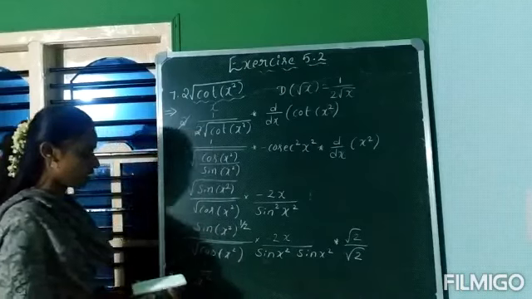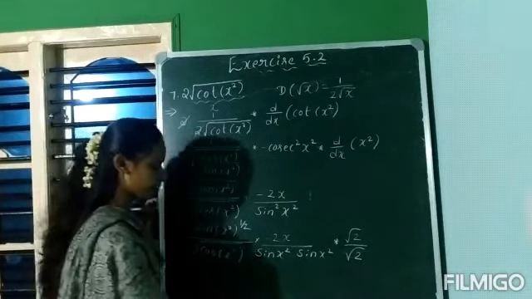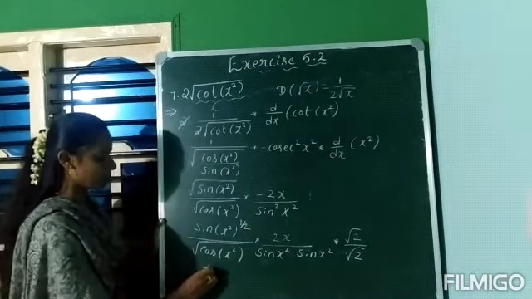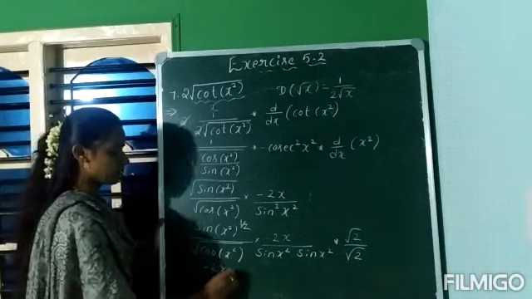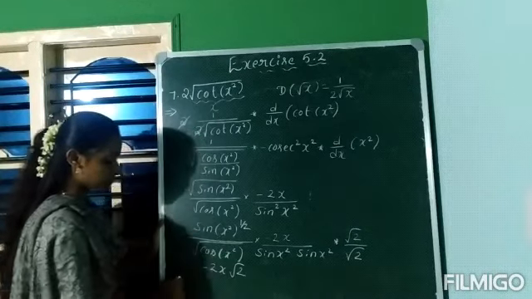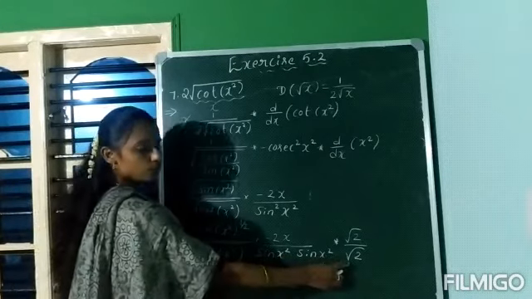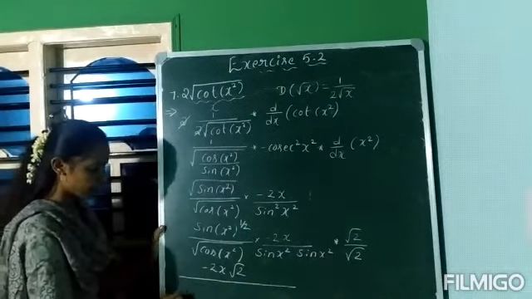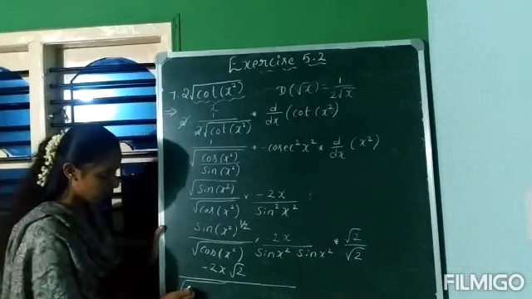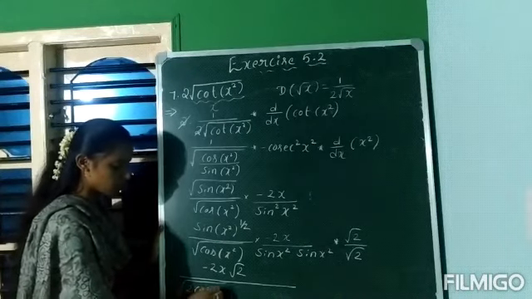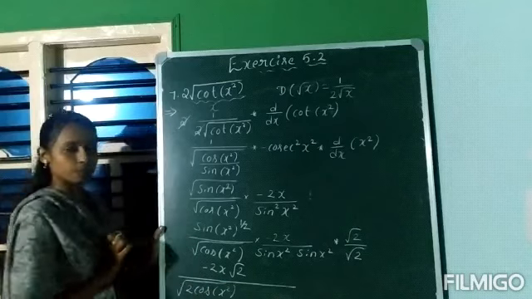Okay, so here remaining is minus 2x and root 2 times this. Root of cos x square is there, root 2 is there, so we can write together within the square root 2 cos x square.